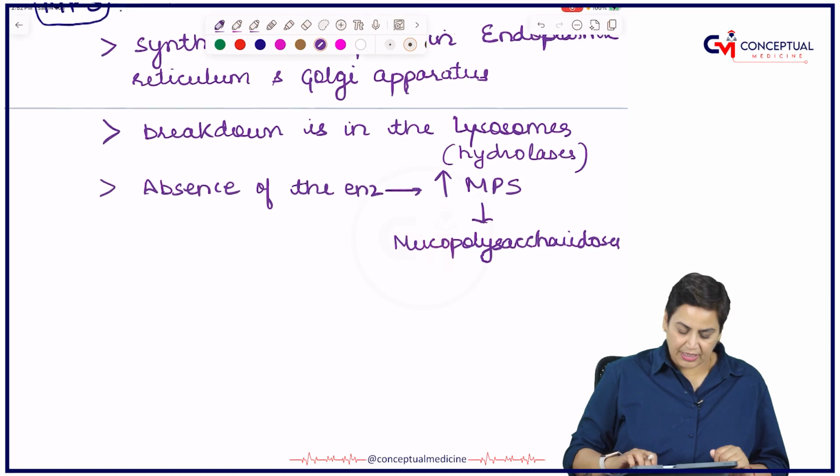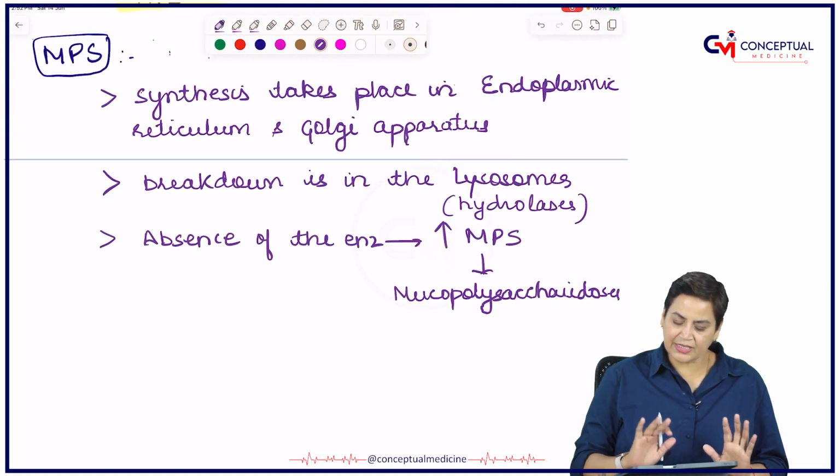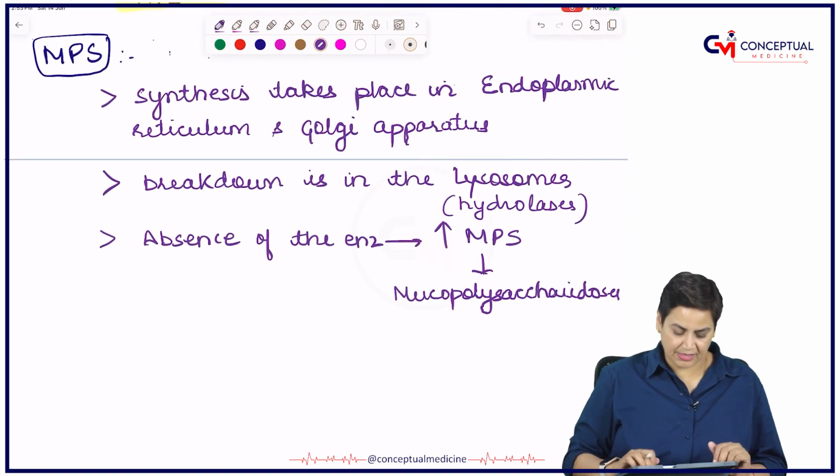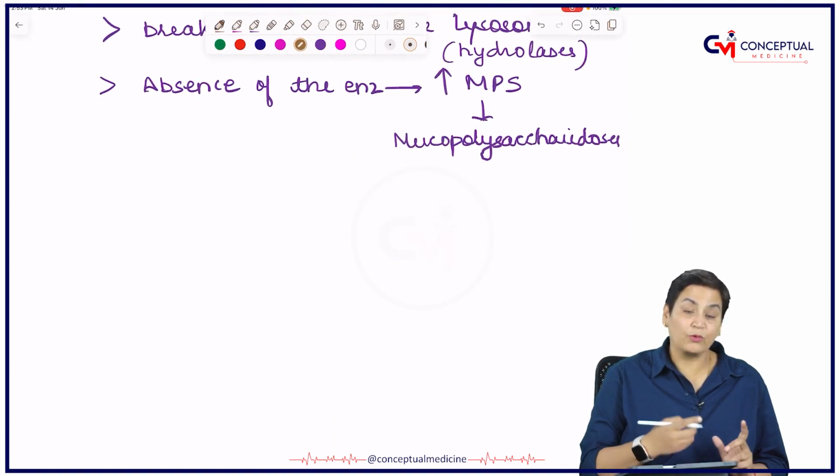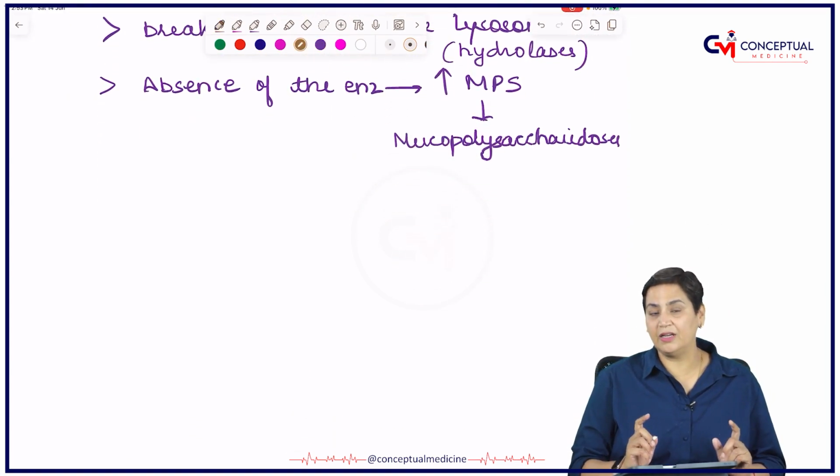So now we can say synthesis, breakdown, and this. What are the different types of mucopolysaccharides?